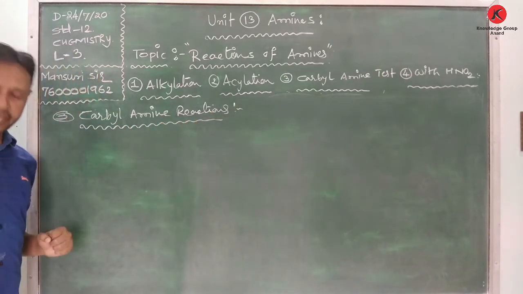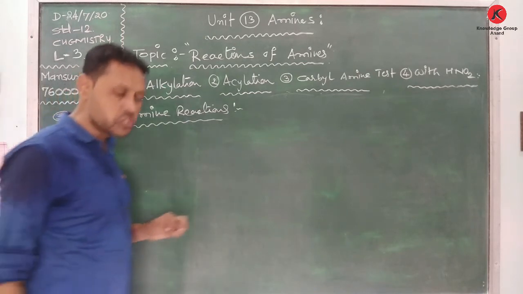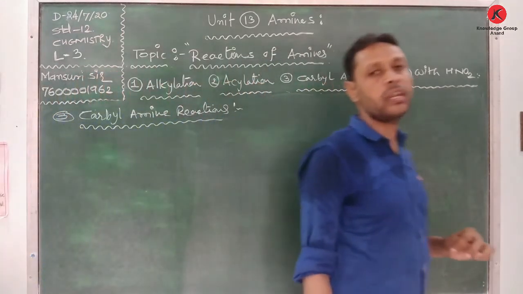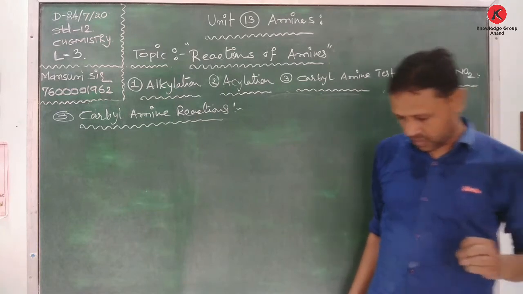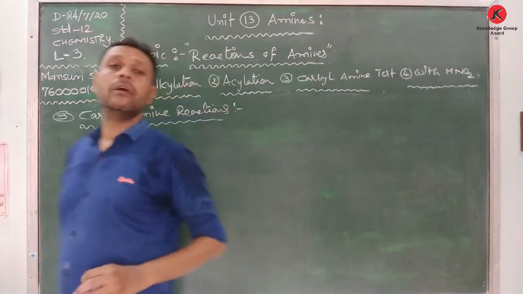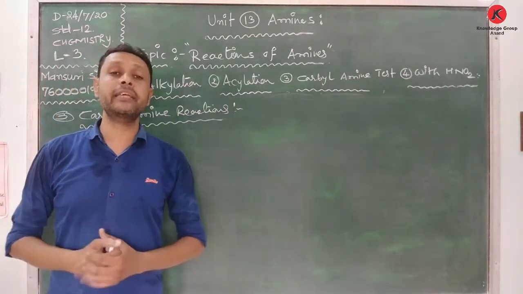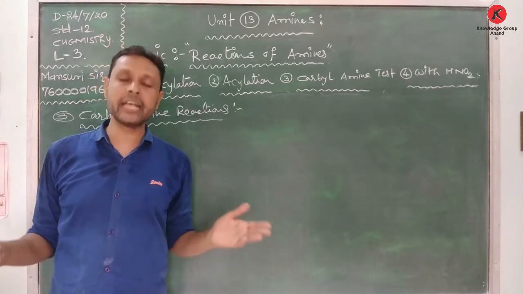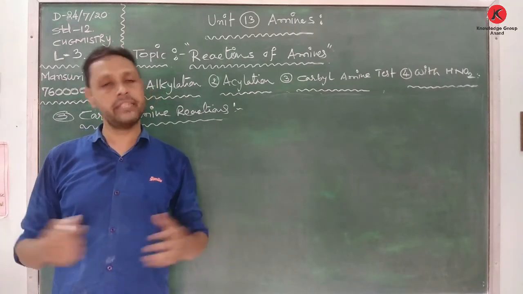When a primary amine reacts with the mixture of chloroform and alcoholic KOH, then a poisonous and foul-smelling substance like isocyanide is obtained. The reaction is known as the carbylamine test.